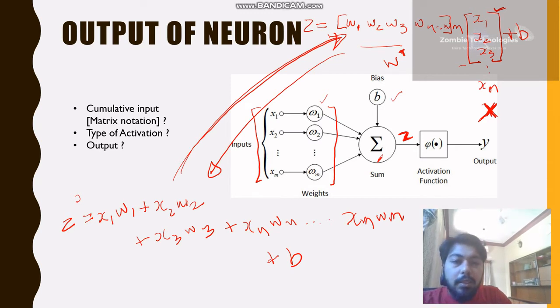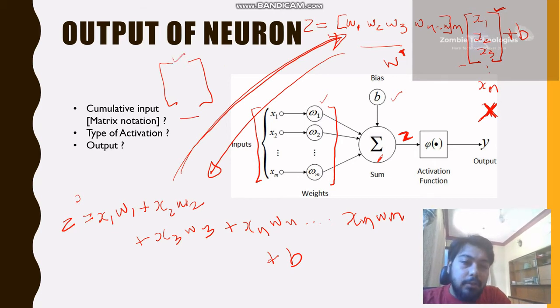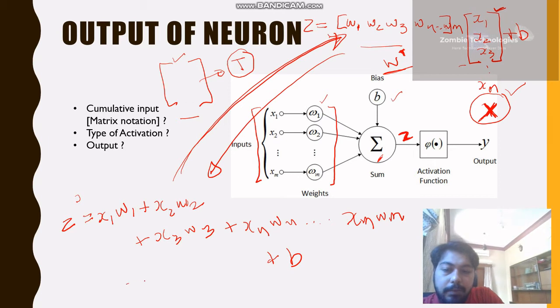In neural network matrix representation, a single column is represented as a column vector, and to represent it as a row vector, we usually take a transpose of it. So here the weight is a transpose of the column weight vector, and x is a column vector as it is. We can represent it as: W transpose x plus bias.